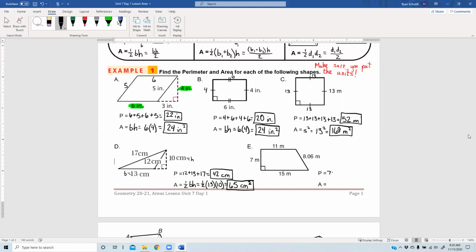So 7 plus 11 plus 8.06, not 8.08, 8.06, plus 15. We add all those up and we'll get 41.06 meters.